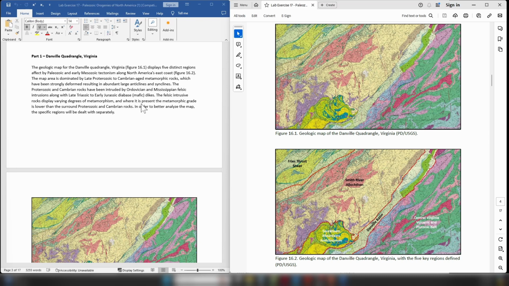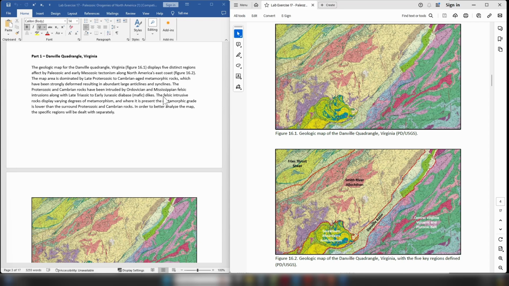So the fact that we have these mafic dikes cutting through the area begins to suggest that yes, the area has obviously undergone some compressive tectonism at some point. However, it would seem that by the late Triassic and into the early Jurassic, the area was under extension. It was being stretched, and that would help to explain the presence of these diabase dikes.